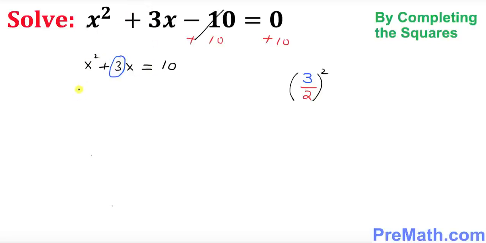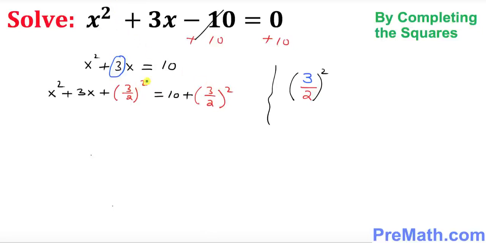So this is the way I'm going to do it: x squared plus 3x plus, and on this side 10 plus. Whatever this quantity is, I'm going to add on both sides: 3 over 2 squared on this side and 3 over 2 squared.